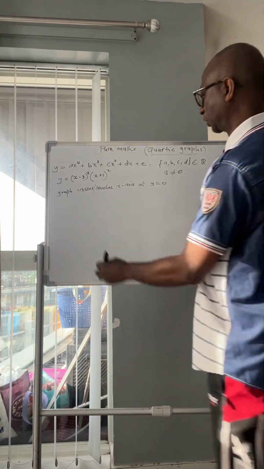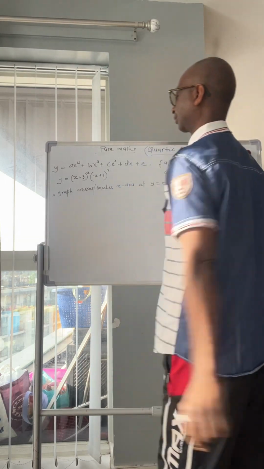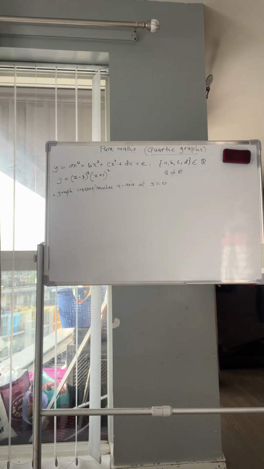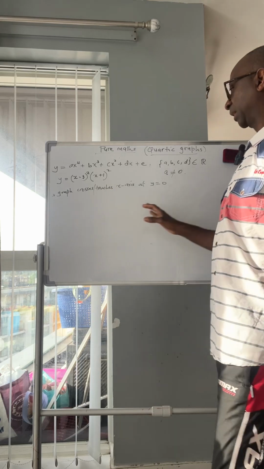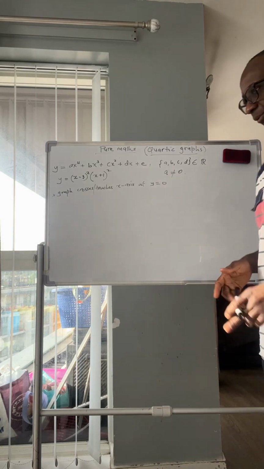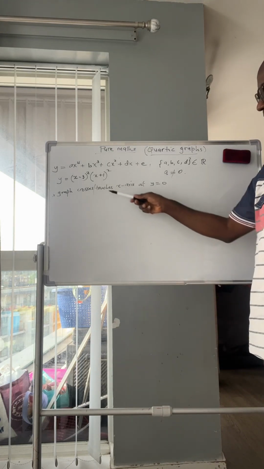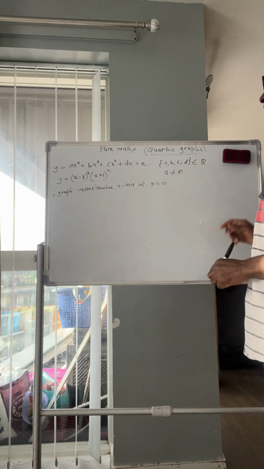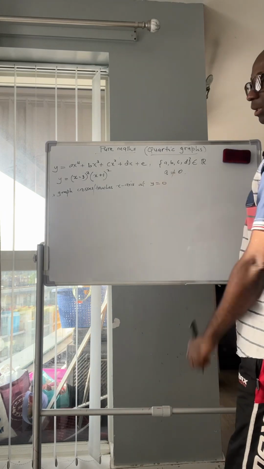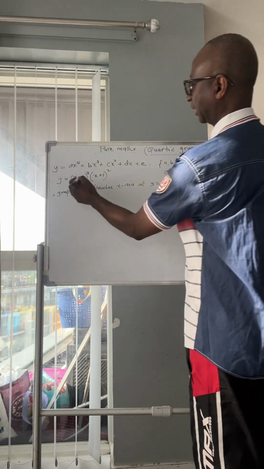So this is our first condition: the graph either crosses or touches the x-axis at y equals 0. I'll explain crosses and touches when we start to sketch the graph. So then let's put y equal to 0 and see what we get.